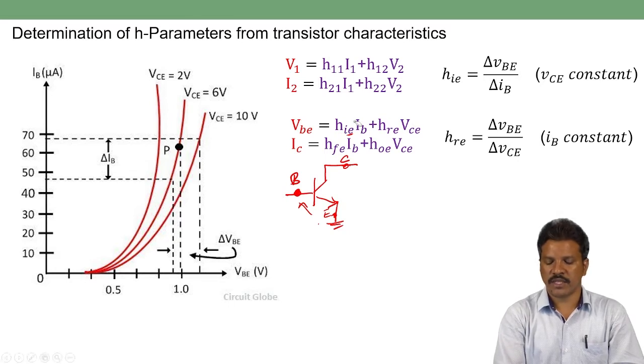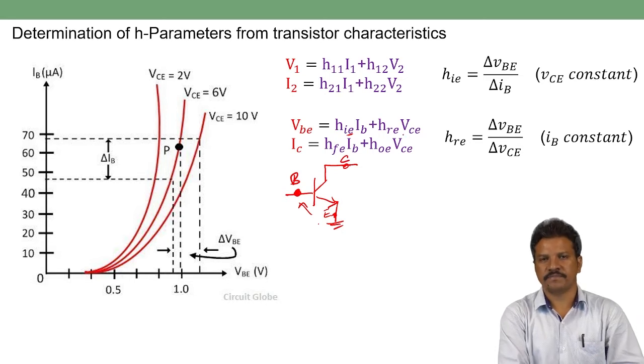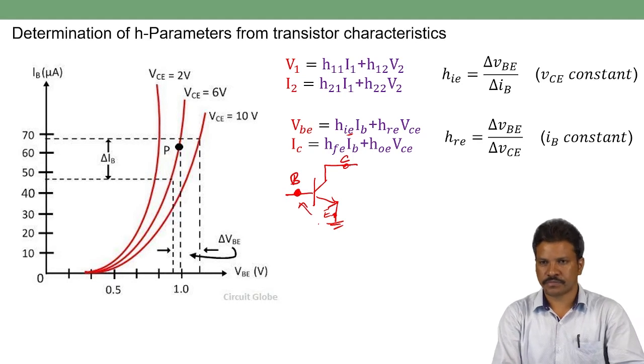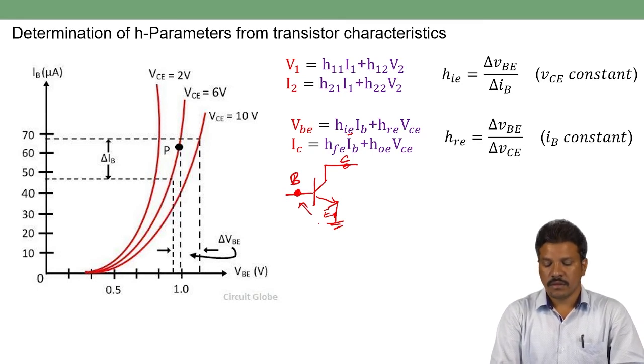Likewise, we can rewrite these equations in terms of the common emitter H parameter model. Then VBE is equal to HIE IB plus HRE VCE, and IC is equal to HFE IB plus HOE VCE.